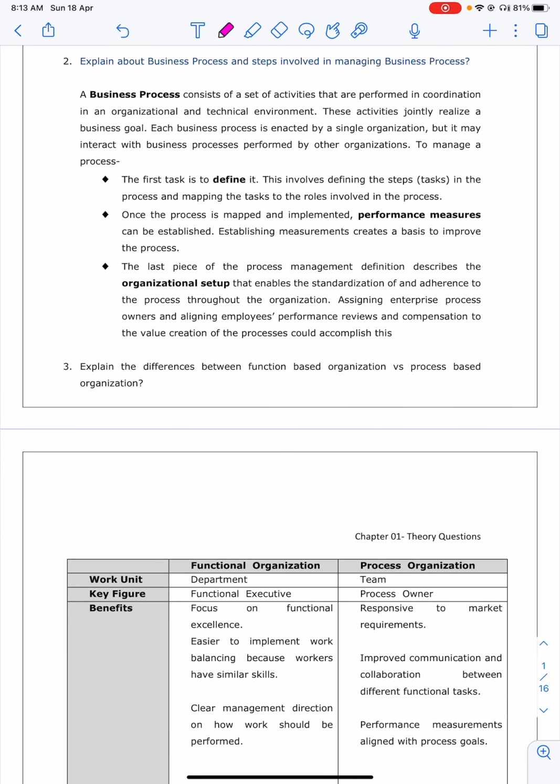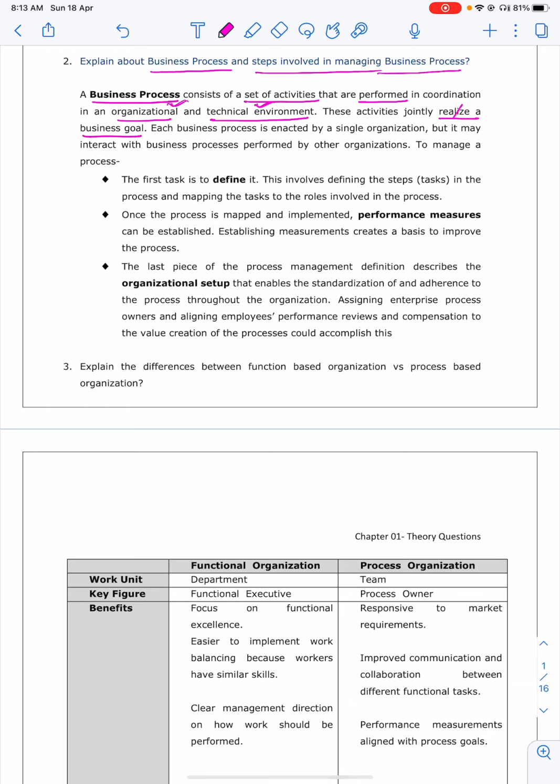Now second, explain business process and steps involved in managing a business process. We already studied what is a business process. It consists of a set of activities that are performed in coordination in an organizational and technical environment. Organization means certain departments, technical environment is nothing but a software. For what purpose do we require a business process? To achieve a business goal.